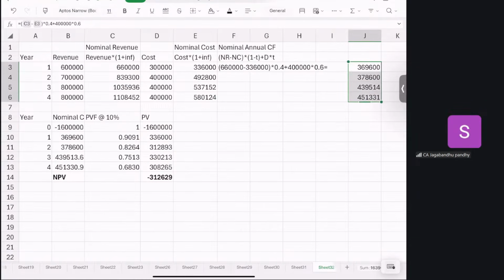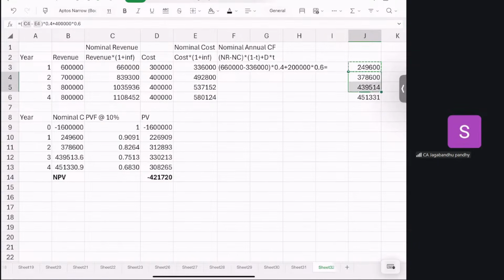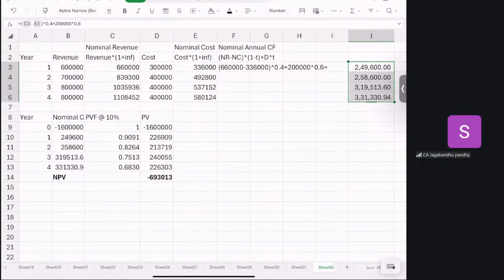So look at the annual cash flows, nominal annual cash flows. Depreciation will change. Depreciation is 2 lakh. So are these your nominal cash flows? Yes, sir.